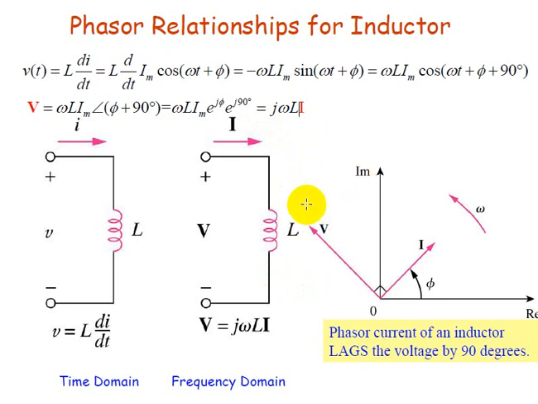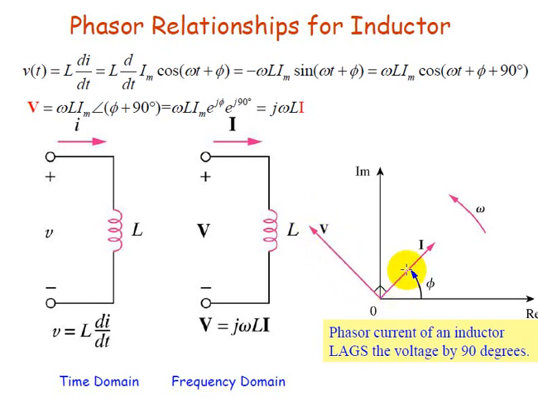Okay, and in the phasor diagram, we can draw the voltage and current relationship. If the current is I angle phi, then the voltage is omega L Im, which is a real value, into the real value, at angle phi plus 90. So you have to go all the way phi plus 90 degrees, then you can draw the phasor of voltage.